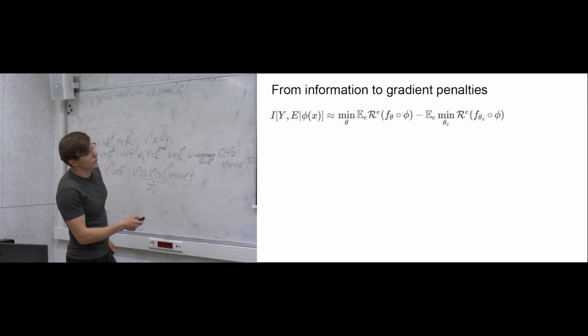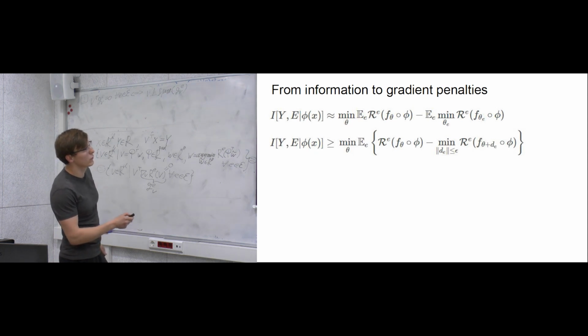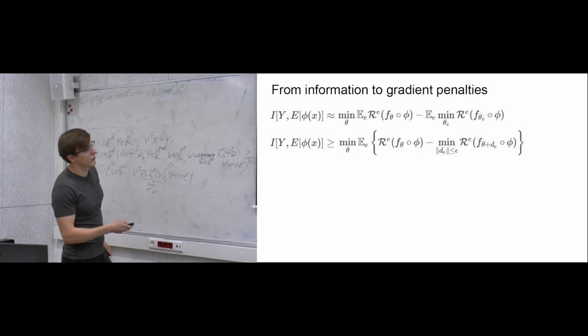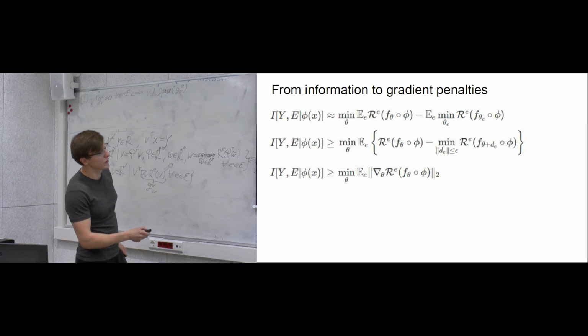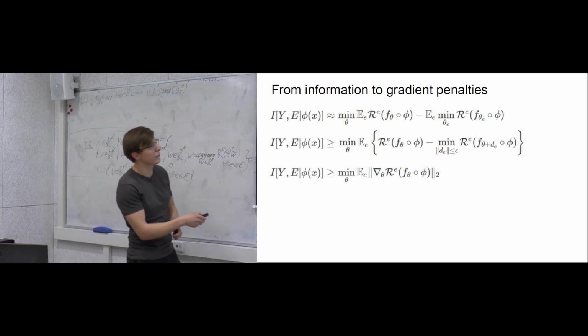Then, instead of minimizing here over all the parameters of our predictor, we can minimize only in some neighborhood of this value, theta. And this actually is the negative. Here we should have the 2 on top. It should be squared, but the author seems to have mistyped it.